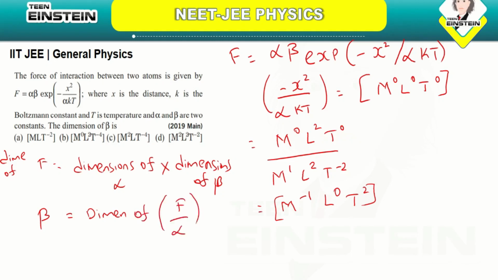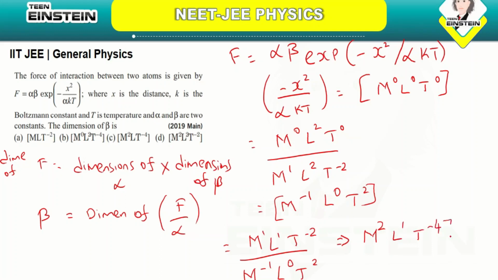Okay. So the dimensions of f is given as f is equal to m1 L1 T power minus 2 divided by m minus 1 L0 T square. So this will be m square L1 T power minus 4.